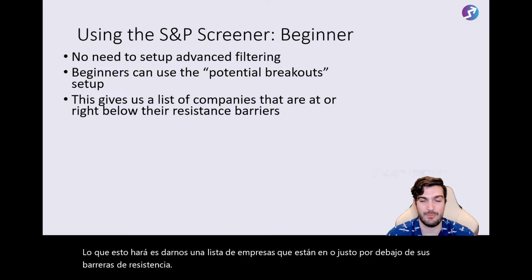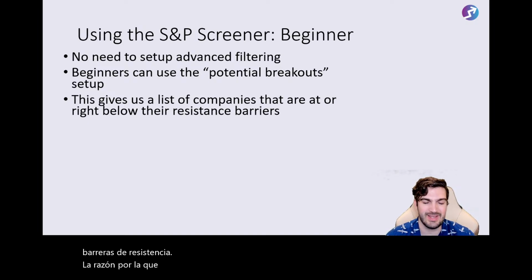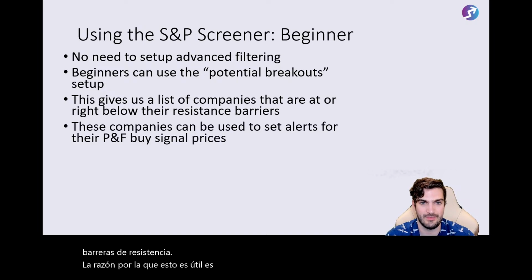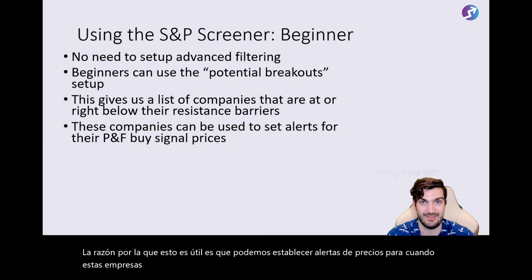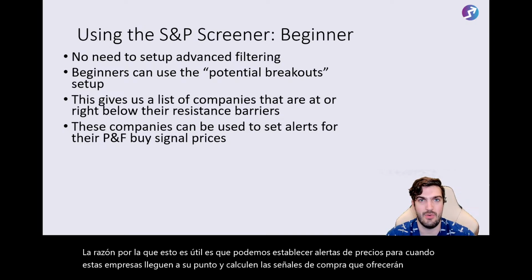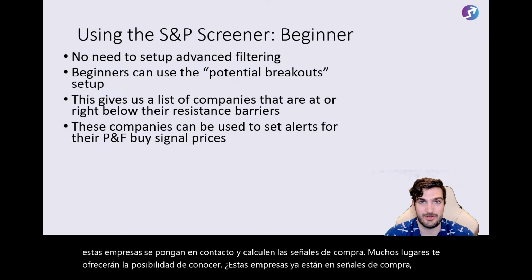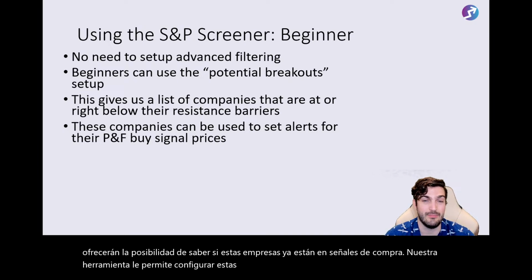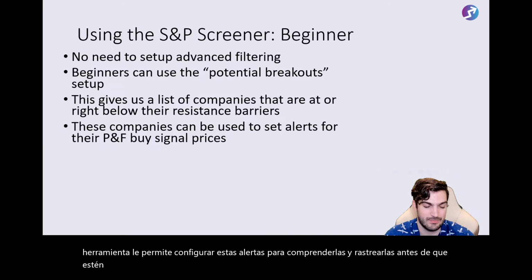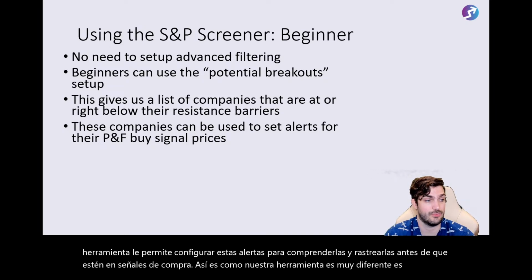The reason this is helpful is that we can set price alerts for when these companies go on point and figure buy signals. A lot of places will offer you the ability to know, are these companies already on buy signals? Our tool allows you to set these alerts to understand and track them before they're on buy signals. That is how our tool is very different, is that it gives you information that other sources don't.